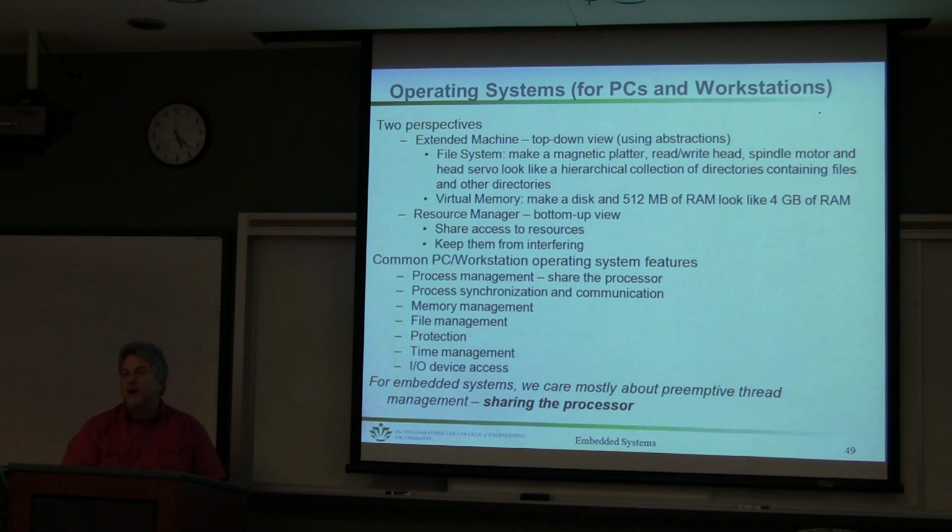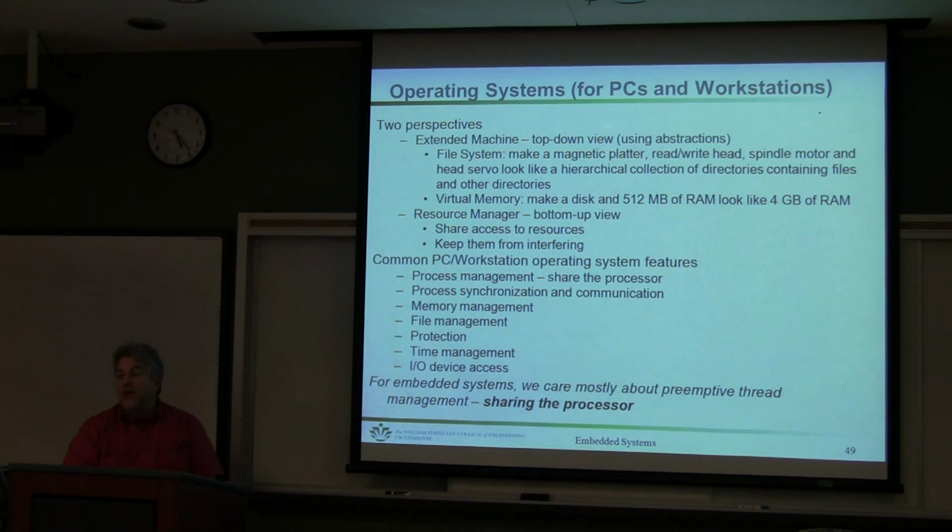So, if we're looking at a perspective of an embedded system versus an operating system, you have to keep in mind that in a PC, in a workstation, you have to worry about things like a file system. You might be working with a lot of different files, a lot of different applications.